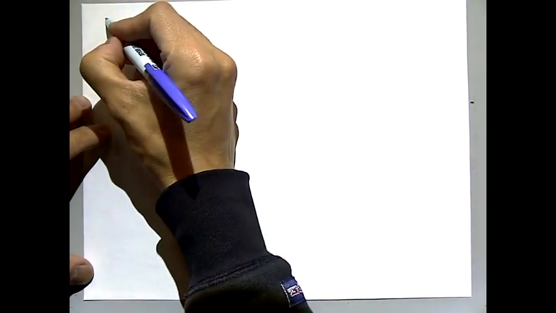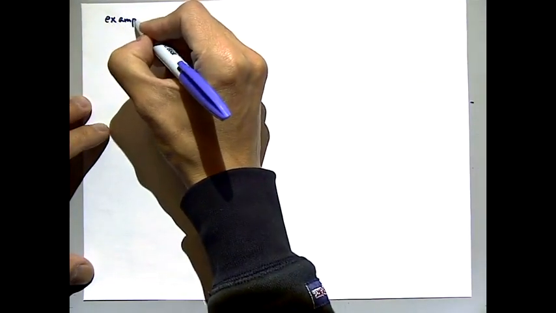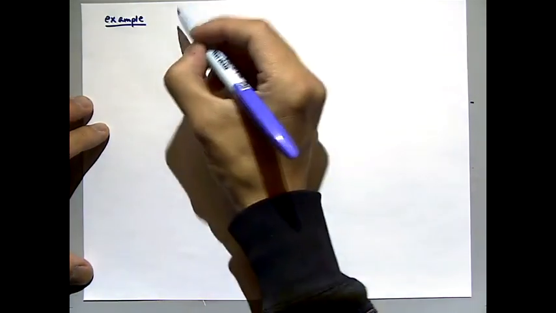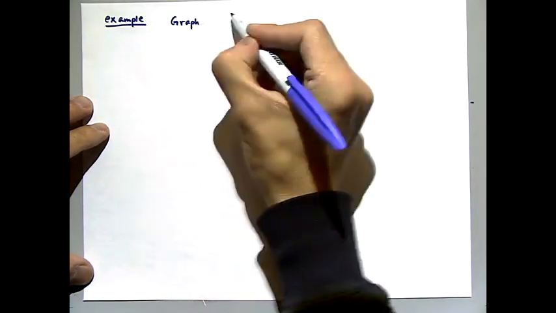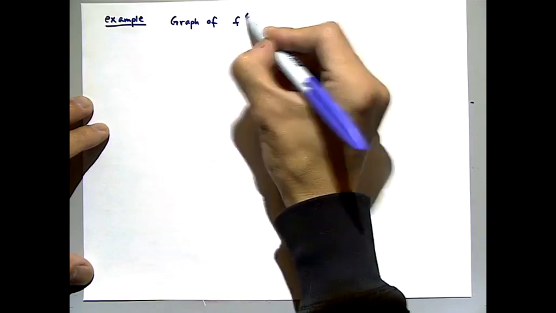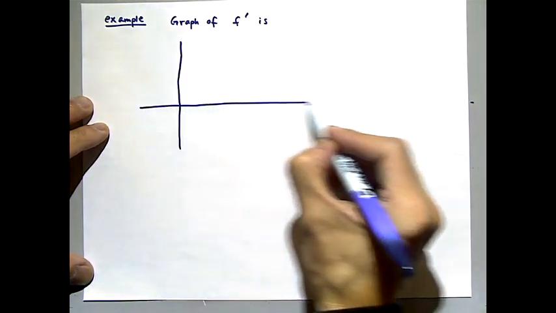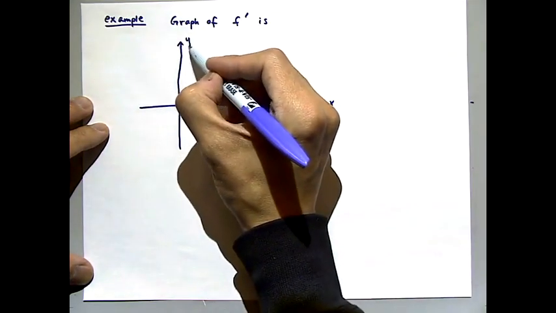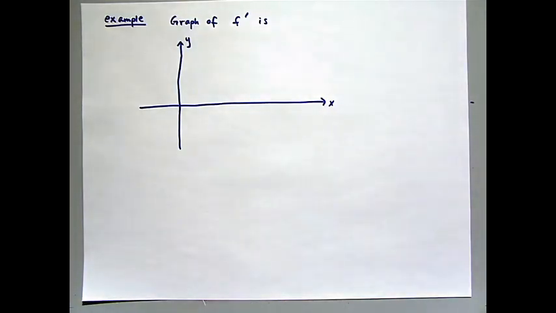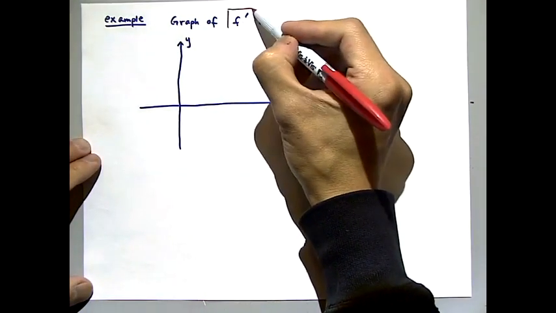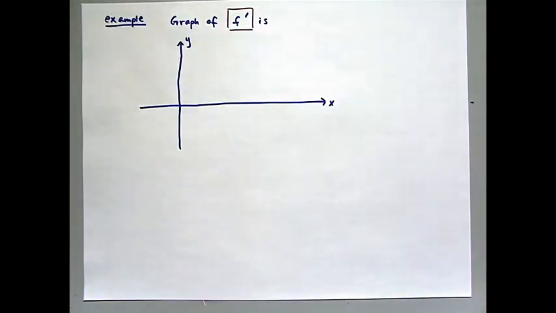Okay, so let's keep this in mind here and do this example. So here I'm sketching the graph of f prime, the derivative of something.